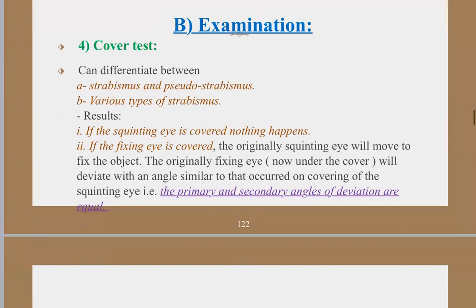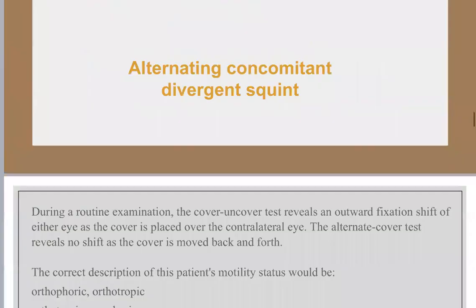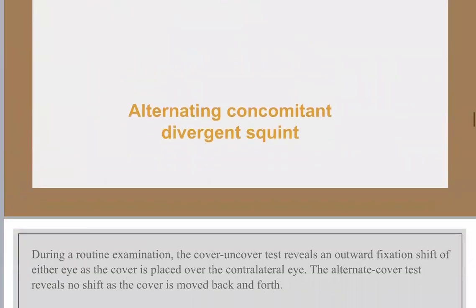Various types of strabismus here. To differentiate between alternating strabismus and unilateral strabismus, I'll do this: alternating concomitant divergent squint, or unilateral. The patient comes to me with this eye, which is the left eye, normal, and this eye divergent, something like that.